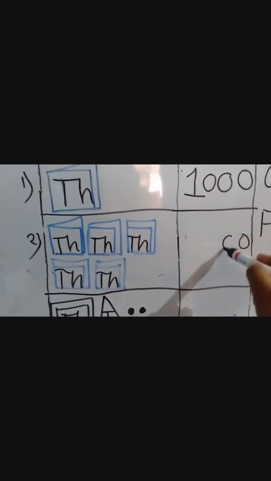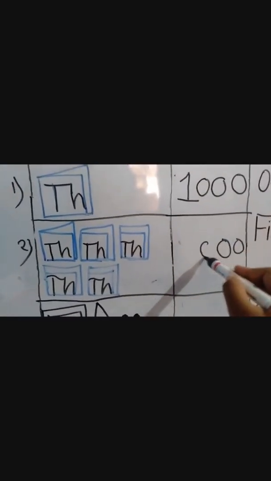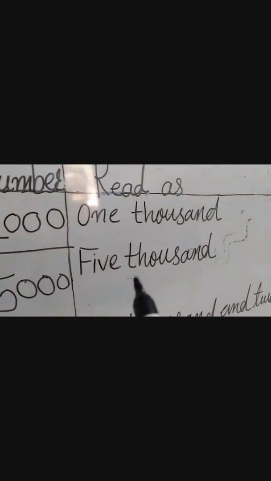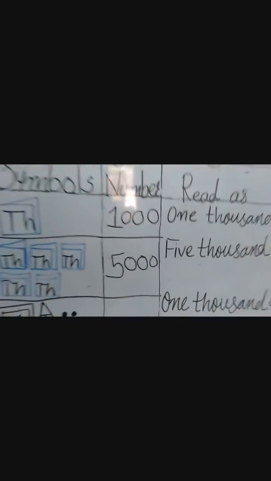Is there any symbol of the hundreds place? No. Units place? No. Tens place? No. There are only thousands place symbols, and how many? 1, 2, 3, 4, 5. So it is 5000. How will you read it? 5000. Understood student? The first one is 1000 and the second one is 5000.